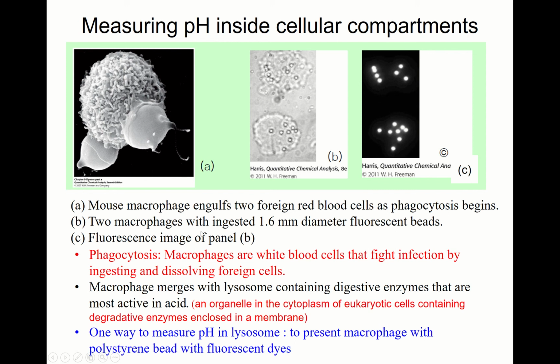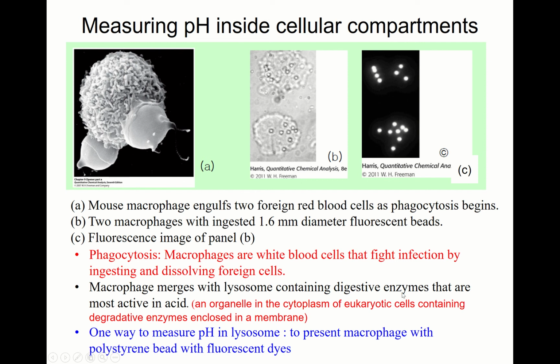Let's consider this macrophage. A macrophage, I'm sorry, contains lysosomes containing digestive enzymes that are most active in acid. This lysosome is merged with this macrophage. In Korean, it's called sopoche.